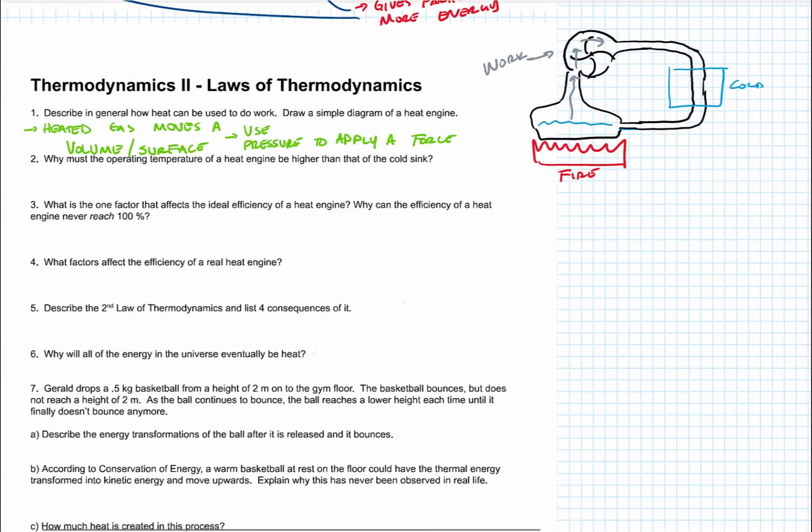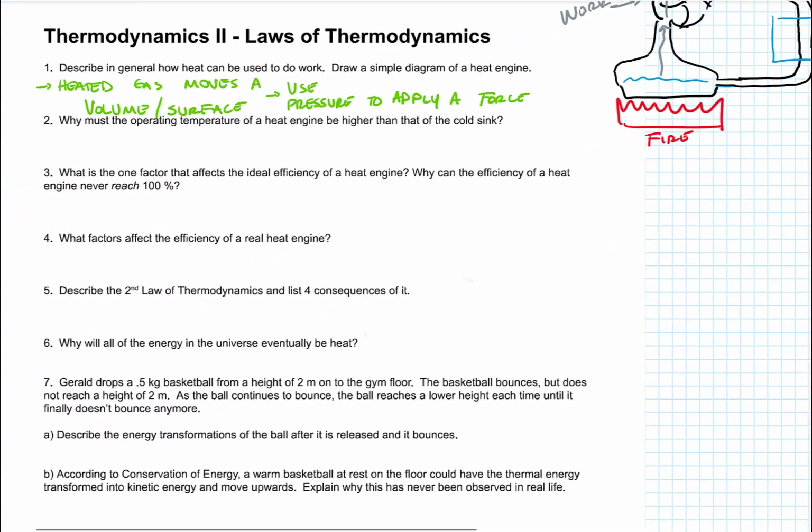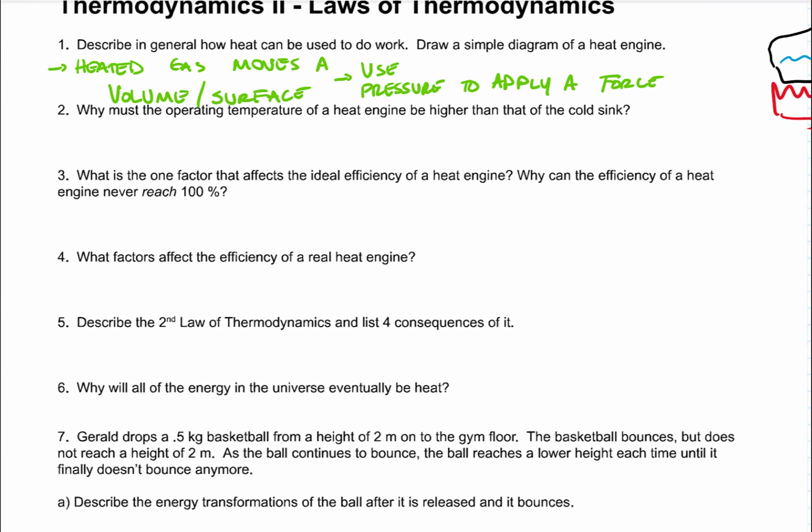Why does the temperature of the heat engine need to be higher than that of the cold sink? The cold sink, whatever, the surroundings is how I like to think about the cold sink. The whole job of the cold sink is to cool the gas.